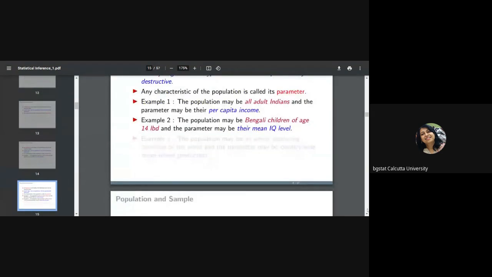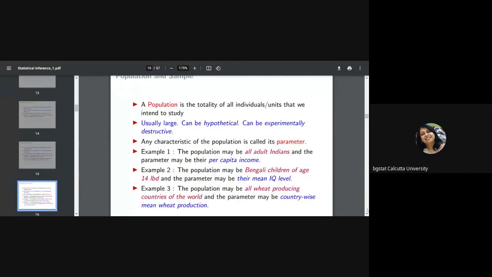So you have three examples here. The first example is my population is all adult Indians. My parameter is their average per capita income. The second example might be, so it's highly specific population. It's Bengali children of age 14, LBD.